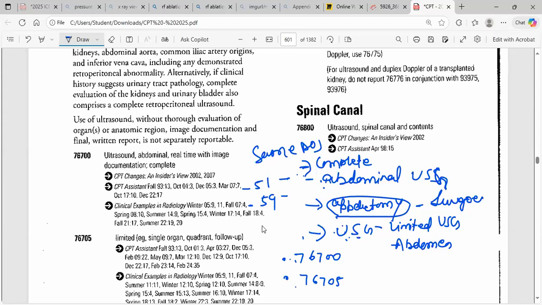Two different sessions. Okay, any other answers? Per Zamil, we should use the 51. Any other answers?